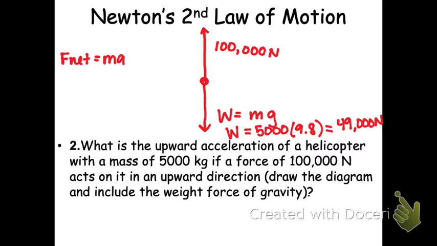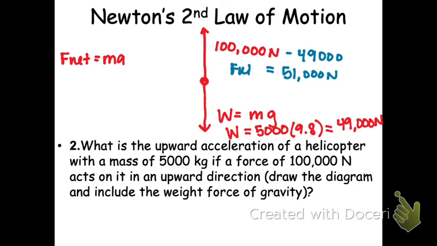That's important. Now, if I want to find the net force, am I going to add these two together or am I going to subtract them? I'm going to subtract them. How do I know that? That's right, opposite directions. So I'm going to take 100,000 minus 49,000 and I will get 51,000 newtons.